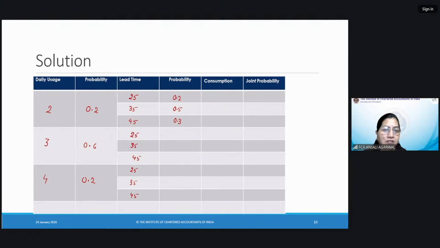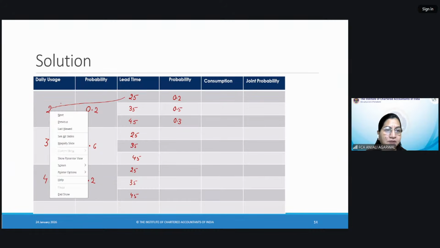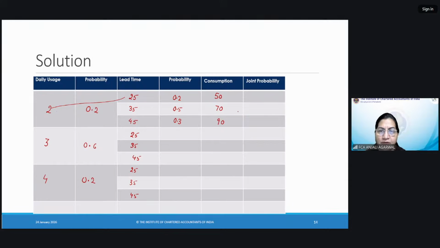Now, what is the probability of this scenario happening? 2 tons a day, and 25 days. So what would be the consumption? 2 into 25, the consumption would be 50 tons. 2 into 35, 70 tons. 2 into 45, 90 tons. Okay? Agree, everyone?